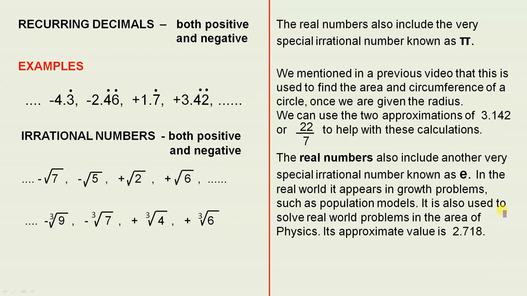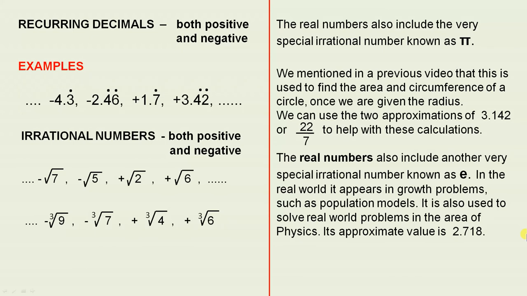It is also used to solve real world problems in the area of physics, and its approximate value is about 2.718. That's only an approximation, but it actually continues on forever, and there's no pattern with respect to the digits after the decimal point. That's why it is an irrational number, but it is part of the real number system.